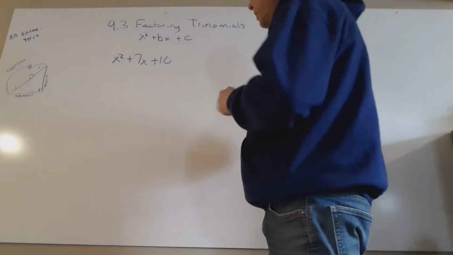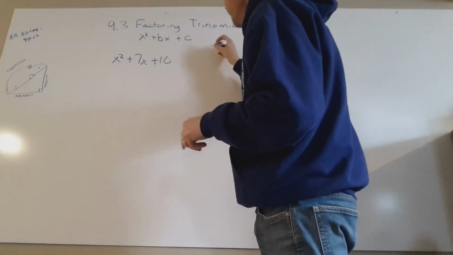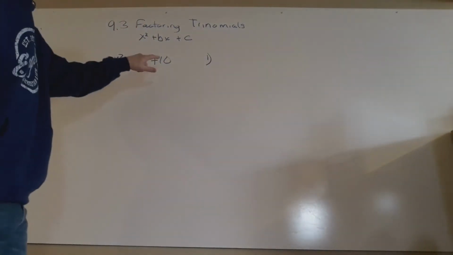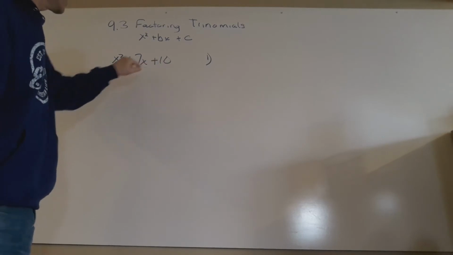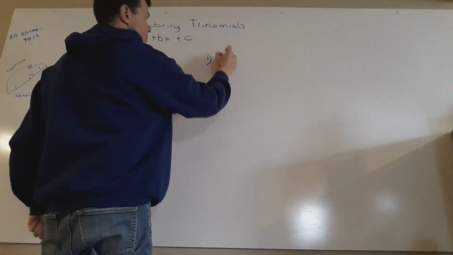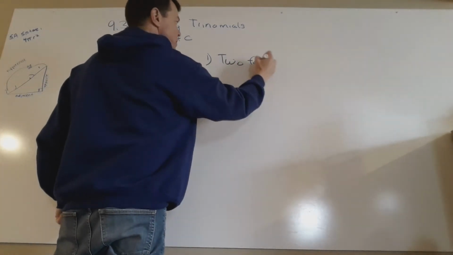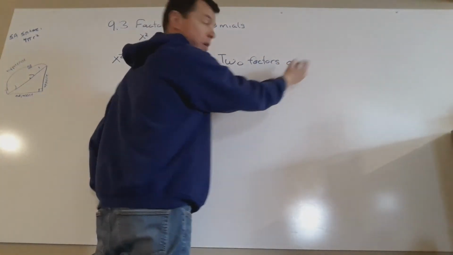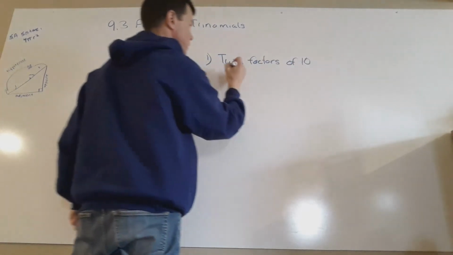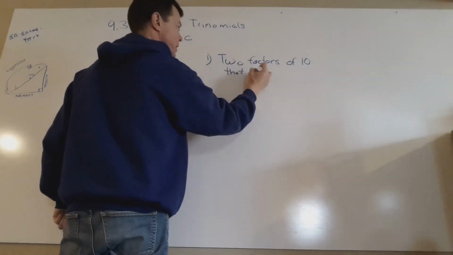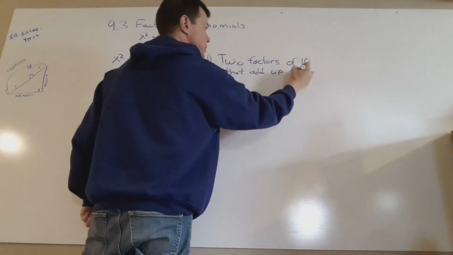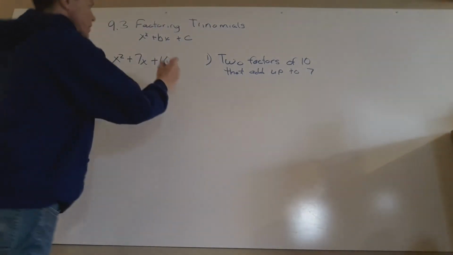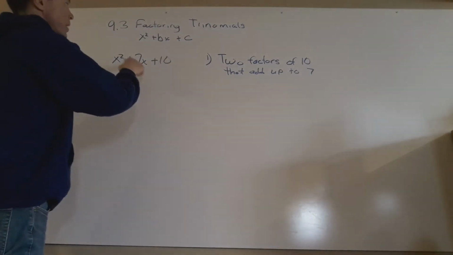The first thing, and I'm going to write these steps down: come up with two factors of 10 that add up to 7. And you can see that's where we get these two factors of this 10 that add up to this 7.